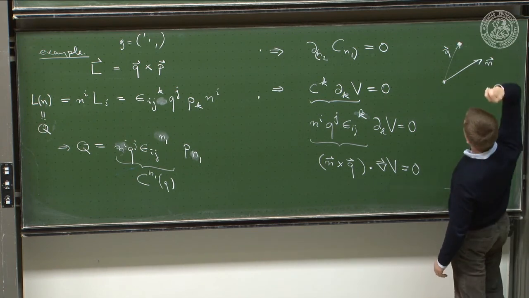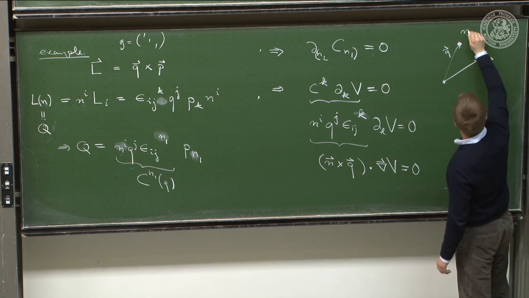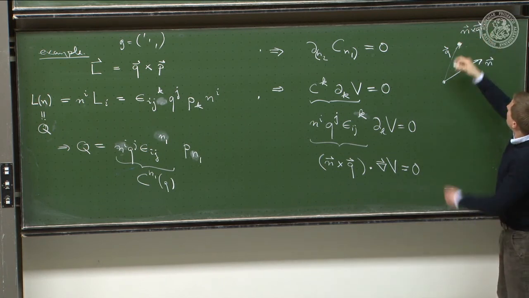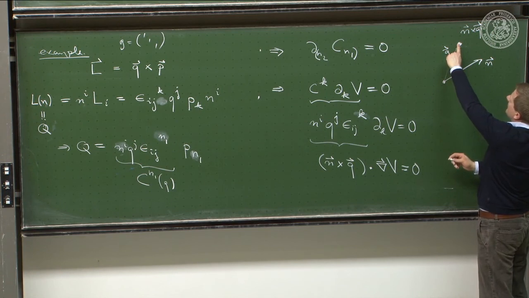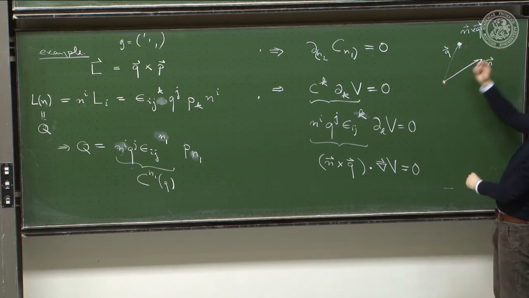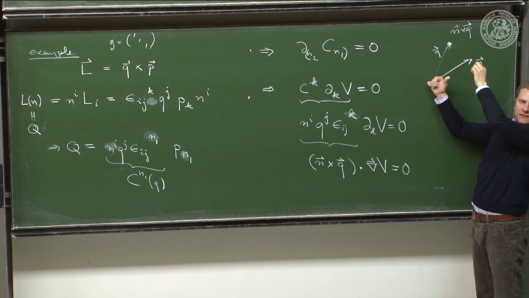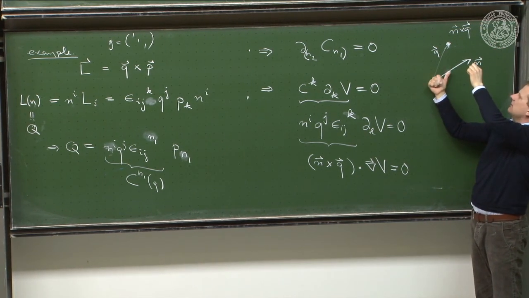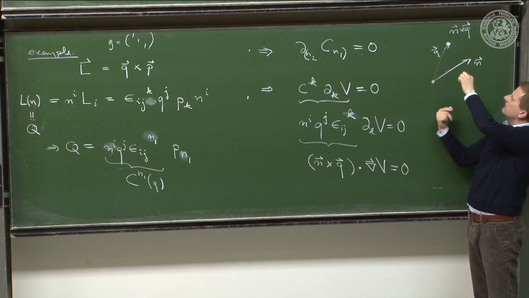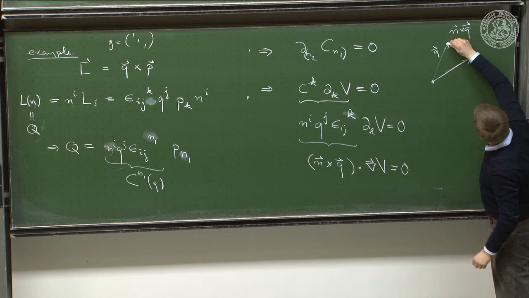So this vector that points right at you is n cross q. You agree? Now if you go to this point here, where my tip is, out of the blackboard plane, then you have n cross q, and the vector points right down here at this point.